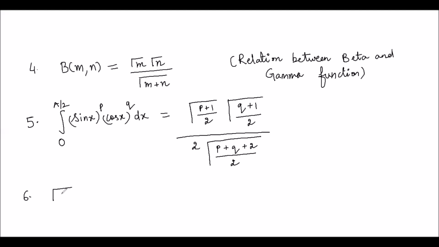If we are finding the gamma of 2m, it is equal to 2 raised to power 2m minus 1 gamma of m gamma of m plus 1 by 2, divided by square root of pi.